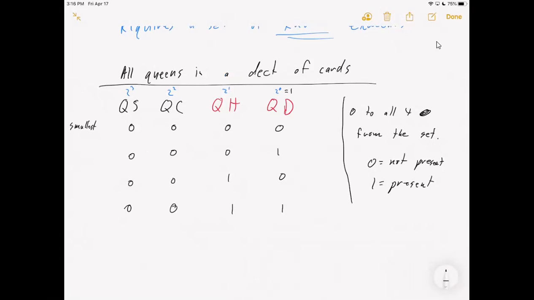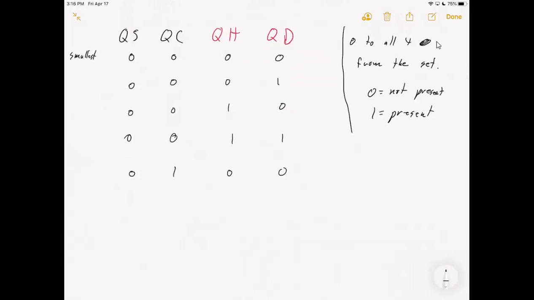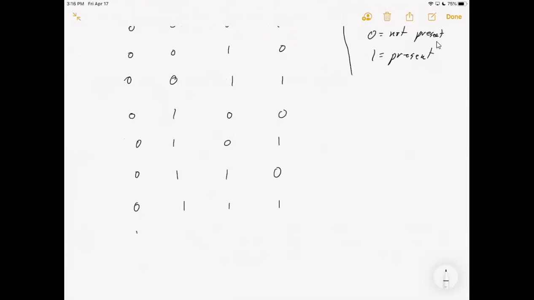So now I need the number 4, the 0 in front, the number 5, the number 6 in binary, the number 7 in binary, the number 8 in binary. Now we can keep on going.